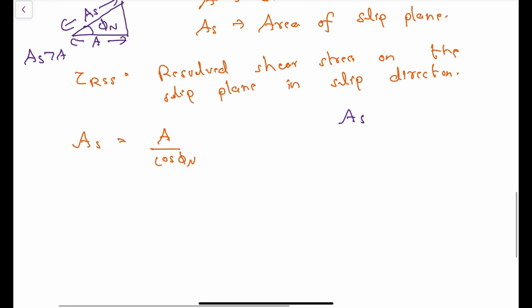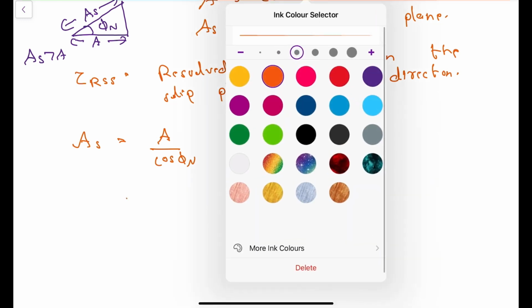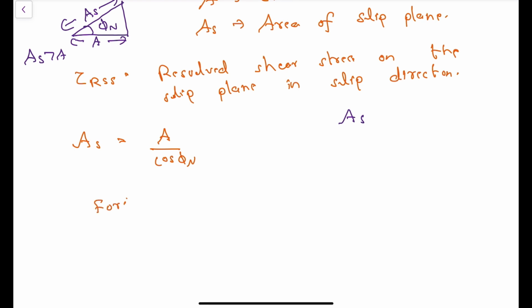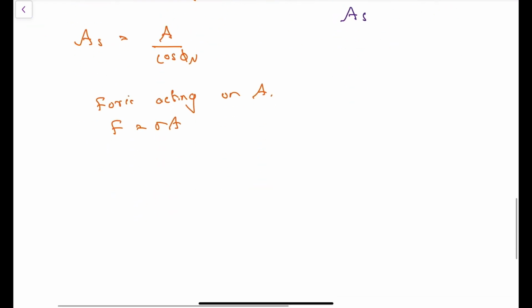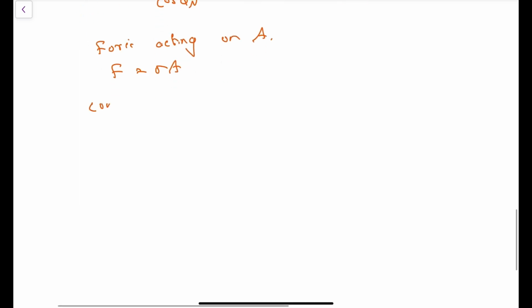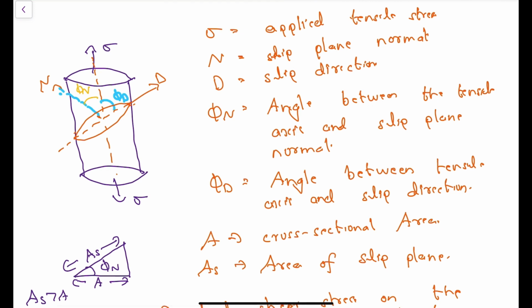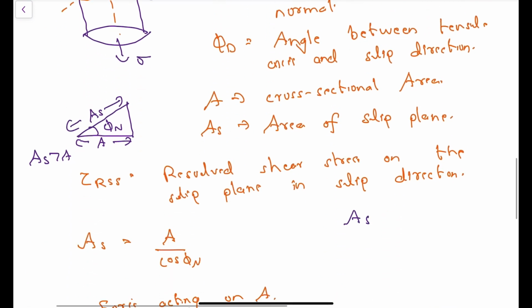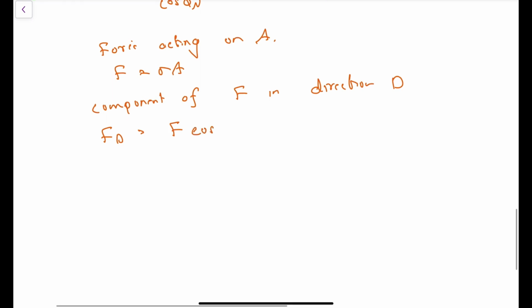The force acting on A is F equal to sigma A. The component of F in direction d is FD. If you resolve the force, it is F cos phi d.